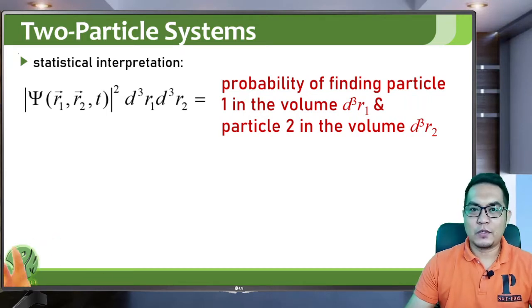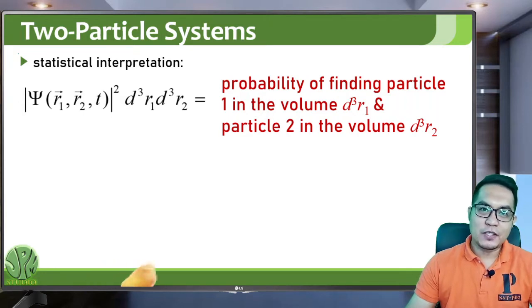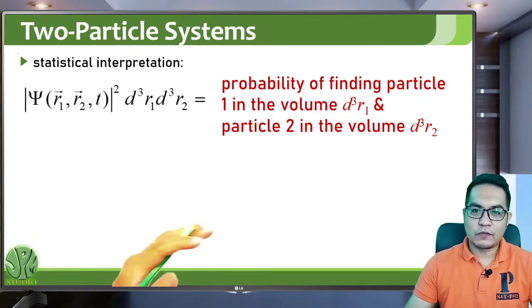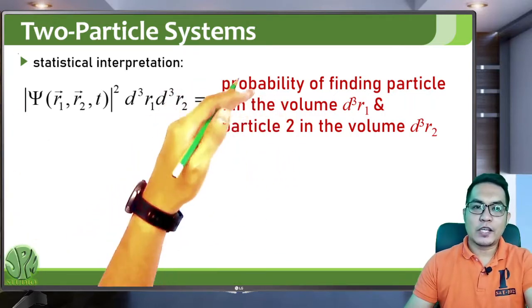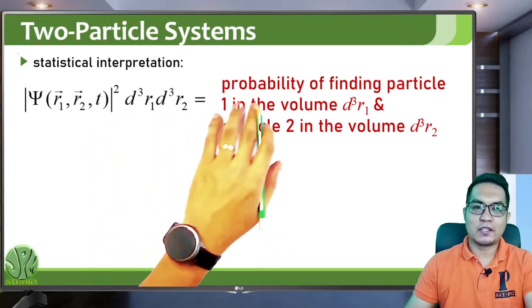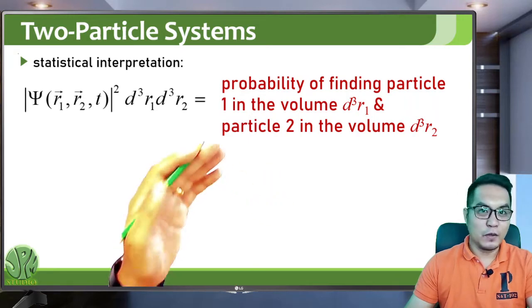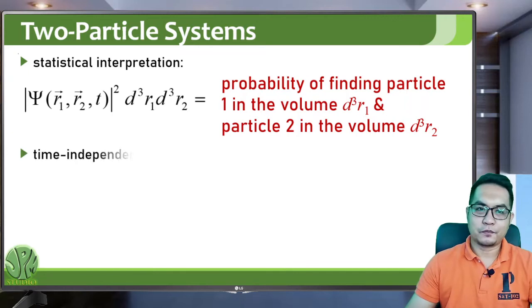So we just expanded our statistical interpretation to 3 dimensions and now to 2 particles. Of course, if you have more than 2 particles, you just continue the pattern. With 3 particles, this will be the probability of finding particle 1 in dV1, particle 2 in dV2, and particle 3 in dV3, and so on.